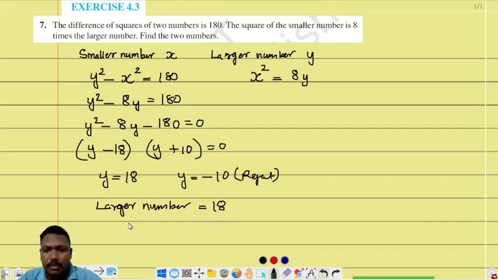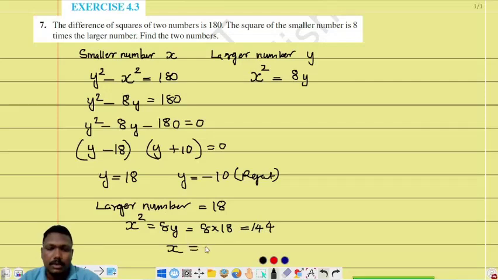For finding the smaller number, we have x squared is equal to 8y, that is 8 into y, which is 18. So 8 8s are 64, so we can write here 4, and 8 ones are 8 plus 6 is 14, so 144. x squared is equal to 144.